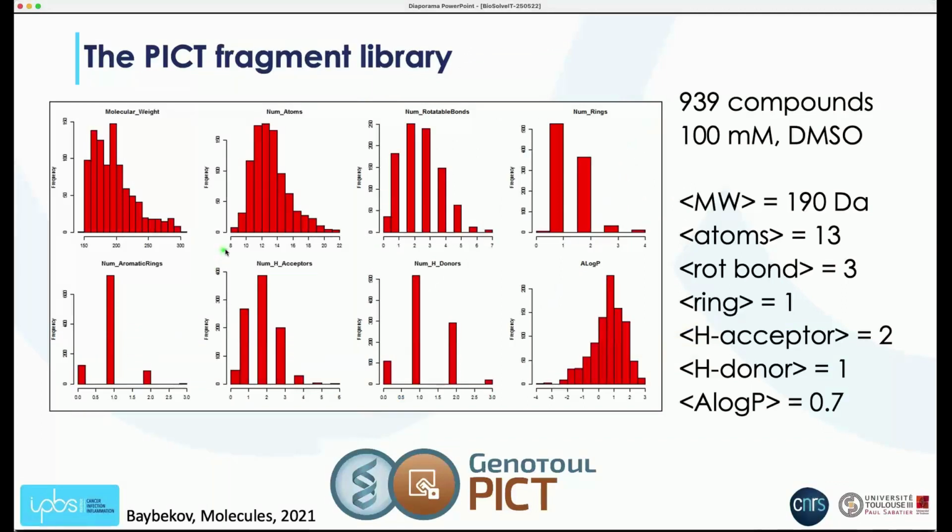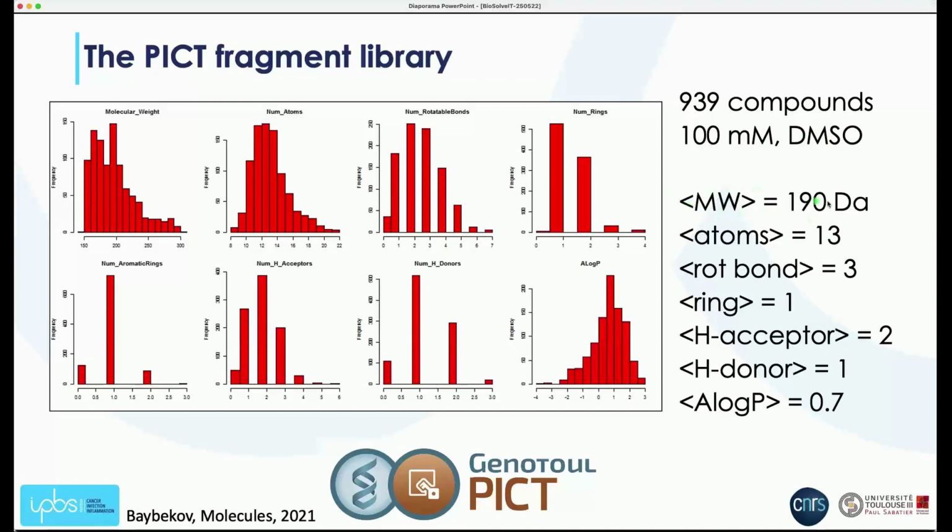So if we look at our library, as I already mentioned, it contains about 940 compounds. They are available in 96-well plates as a 10 microliter solution of 100 millimolar in DMSO. Here you have a histogram of some of the properties of the fragments in this chemical library.